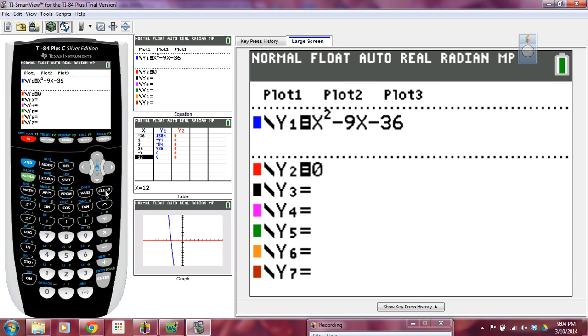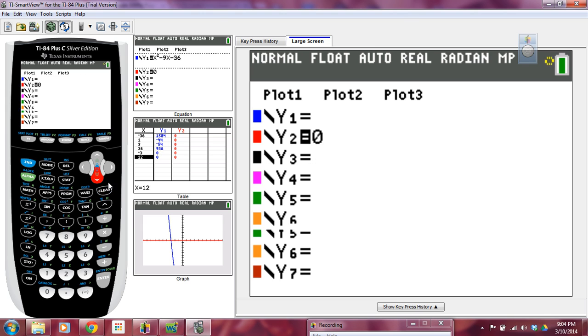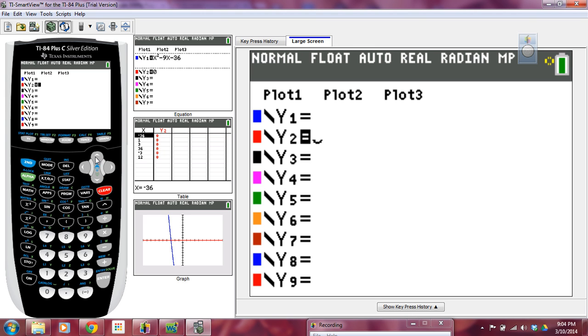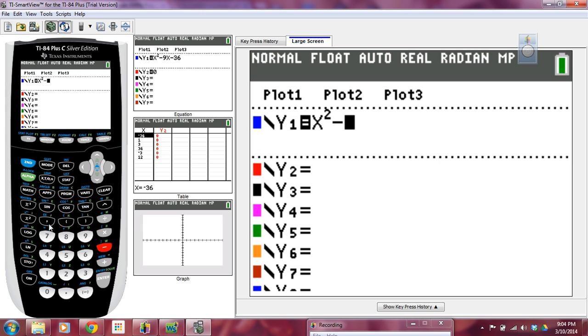I'm taking out anything that I have in here. So if you've got stuff from the last equation, you need to take that stuff out. So for my y1, I'm just going to plug that in. x squared minus x minus 5.